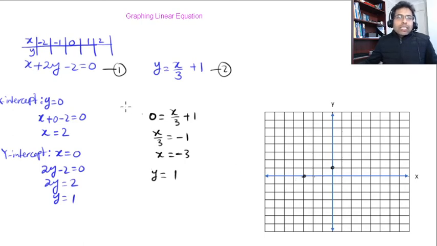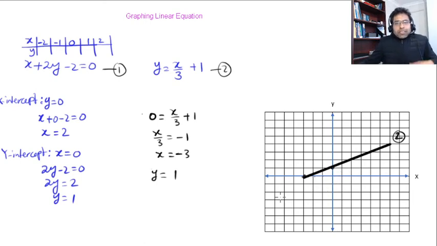And now we can just connect it. If I do the connection, it is just joining these two points, and then you can extend in both sides. So that is the straight line for the second equation.